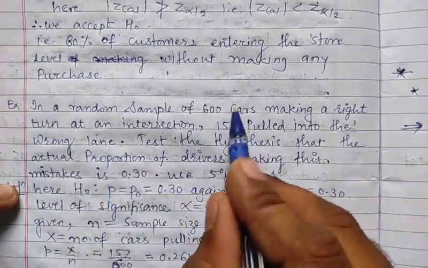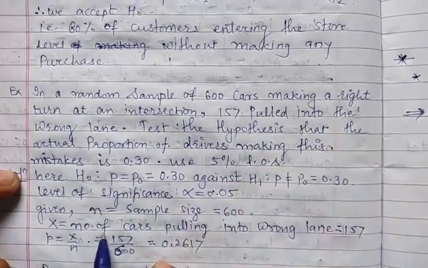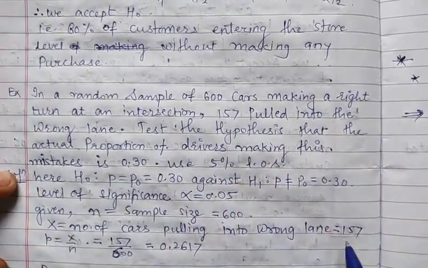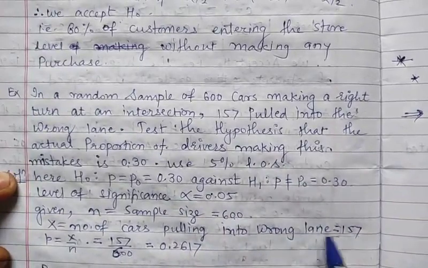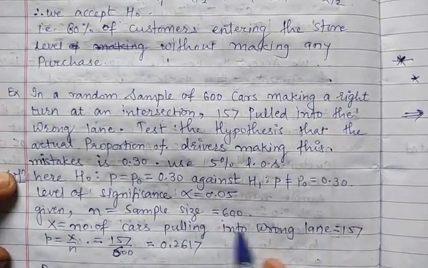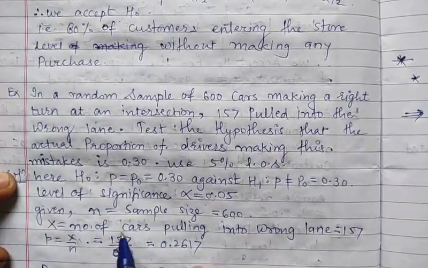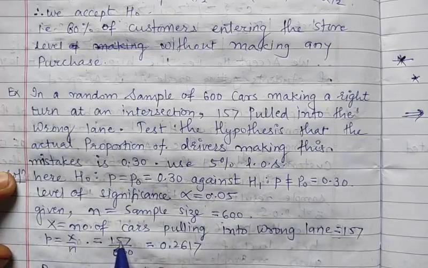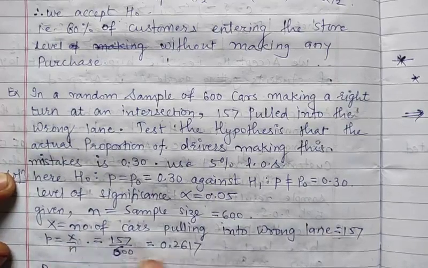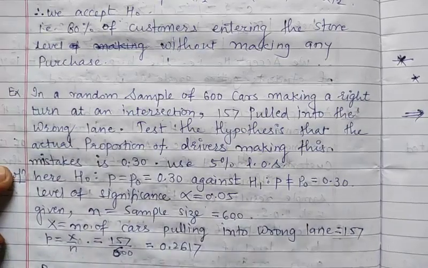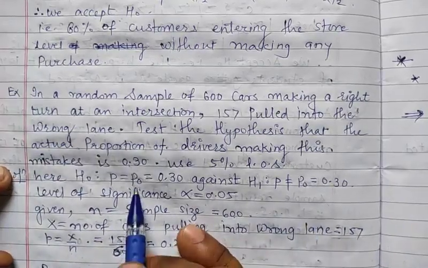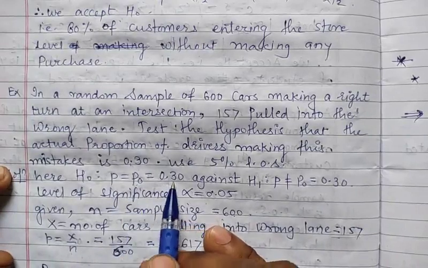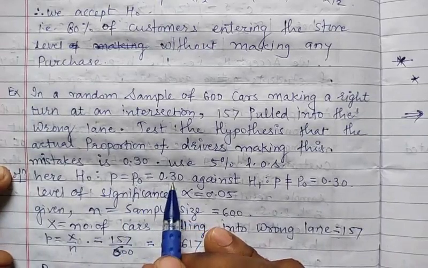So that value is X. So from values of X and n, we calculate value of small p, which is capital X by n. So we get small p is 0.2617. Now here value of P naught is 0.30. Then we calculate value of Q naught.